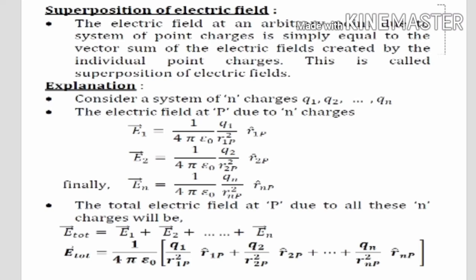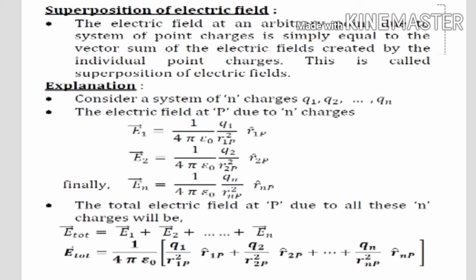And what will be the electric field at a point P due to the charge Q1? That can be represented by E1 vector is equal to 1 by 4 pi epsilon naught into Q1 by R1P squared into R1P cap.